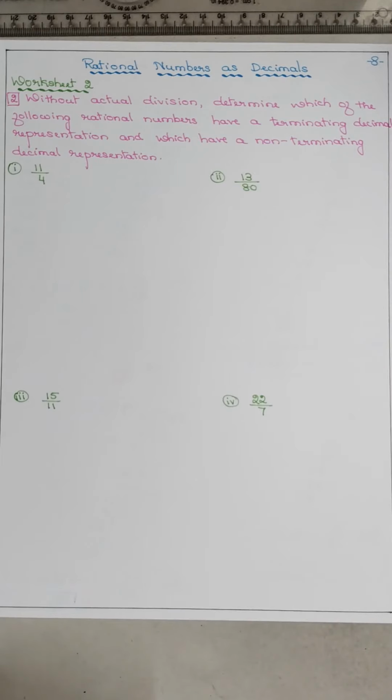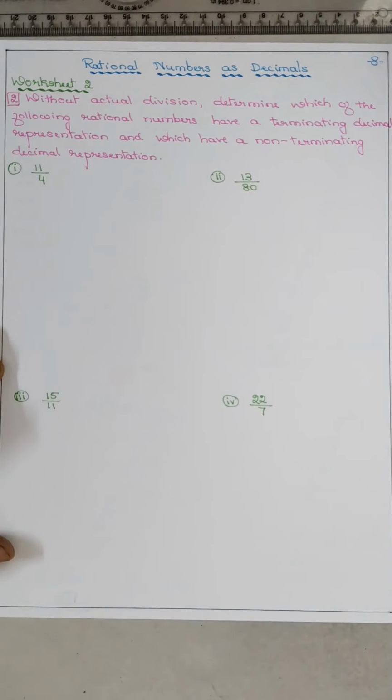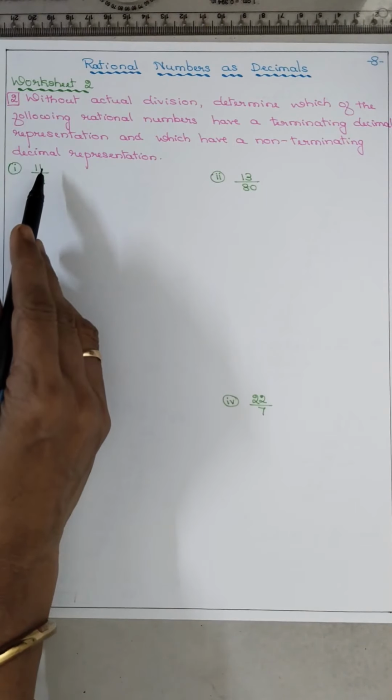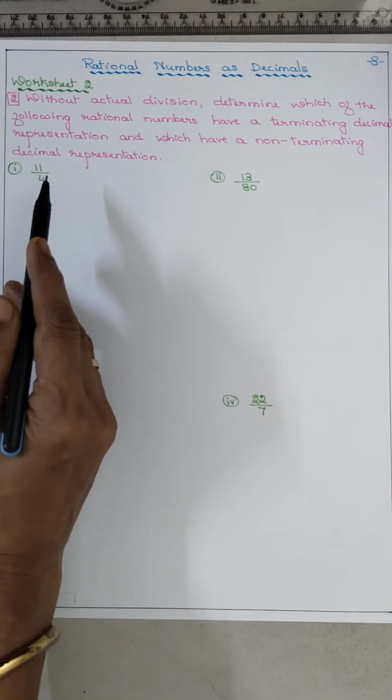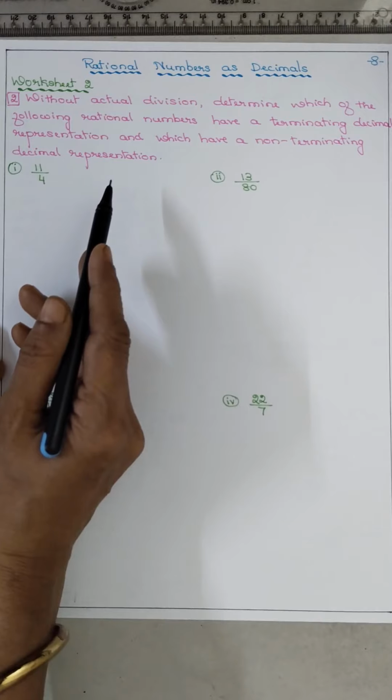So for this, first what we have to do? First we have to see whether it is in the lowest term or not. So 11 by 4, is it in the lowest form? Yes. So 4 and 11 cannot be divided or simplified by the same number, isn't it?